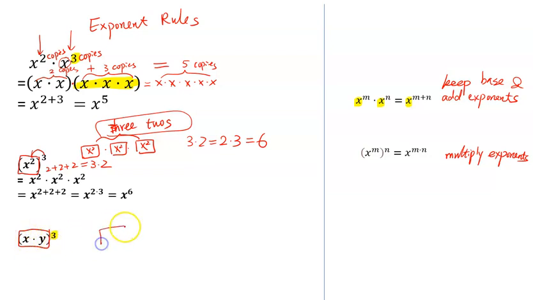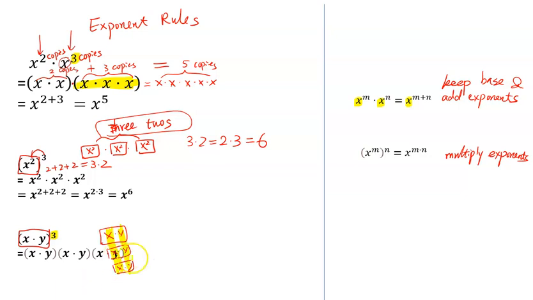In the box, we have x and y, and then x and y, and then x and y. So if you multiply all of these, you can multiply all the x's together to get x to the third, 3 copies of x. And when you multiply 3 copies of y, you get y to the third.